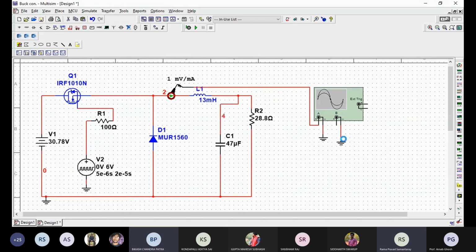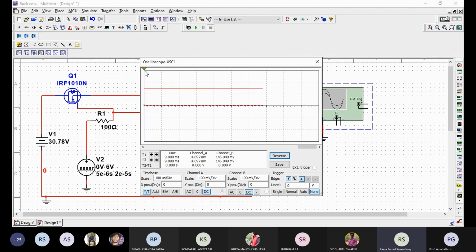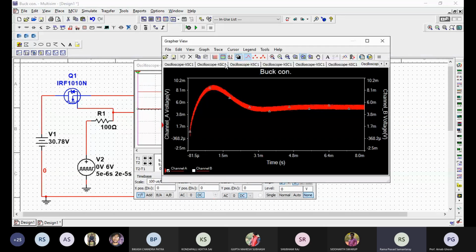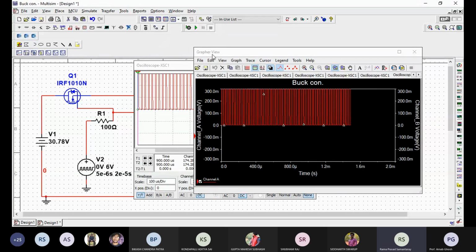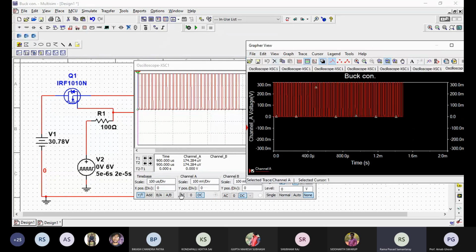Or you can see these waveforms are already shown, one waveform of this square wave generator. Using only a single channel you can do the same. For this one, just reduce the scale ratio.